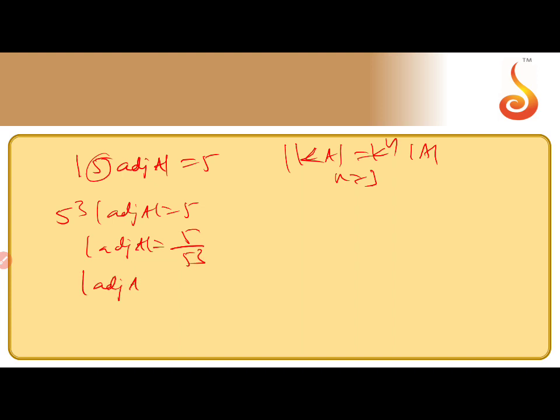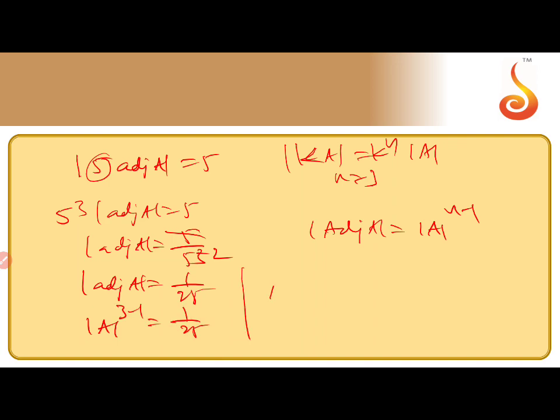Det of adjoint A formula is (det A) whole power n minus 1. Here n equals 3, so 3 minus 1, 2, that means (det A) whole square equals 1 by 25. So det A equals plus or minus 1 by 5. That is the solution. This is also a very good question.